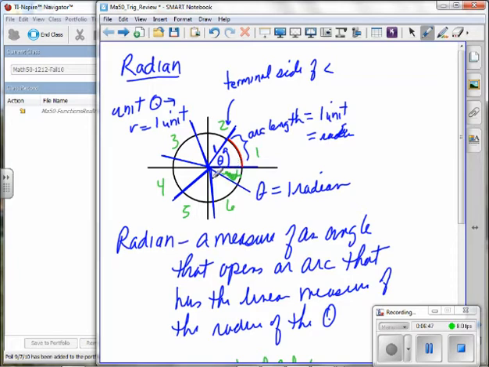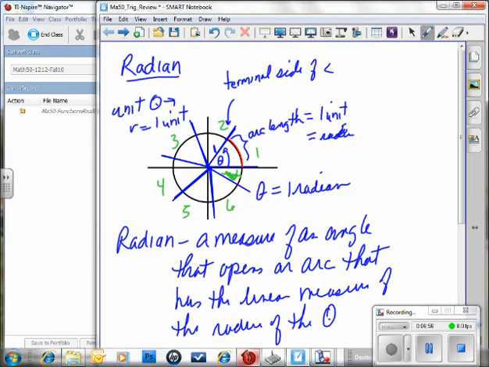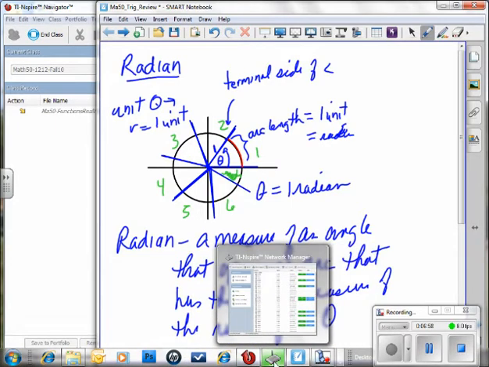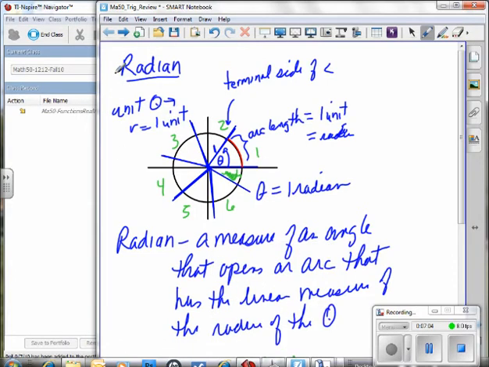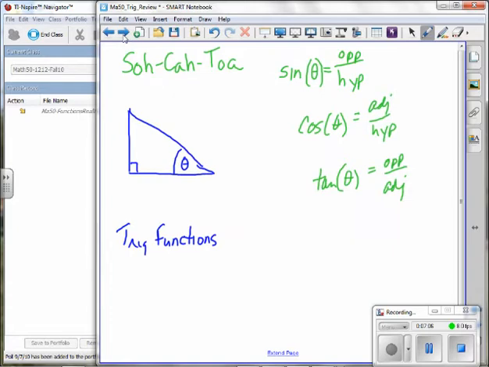So about half of this angle. So maybe about 30 some degrees in there. Okay? So if I'm talking about pi divided by 6, then I'm talking about a measure in radians. If I'm talking about 23, I'm talking about degrees.